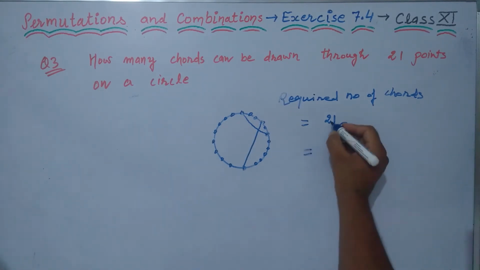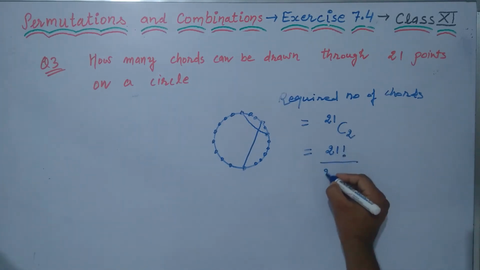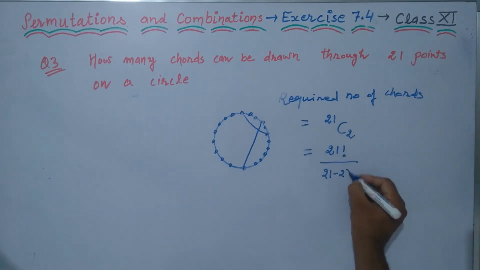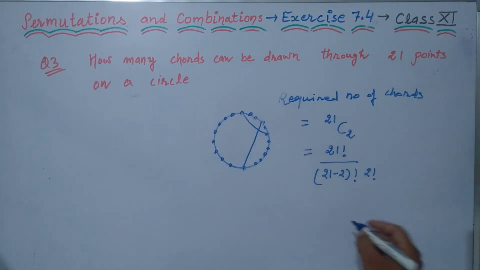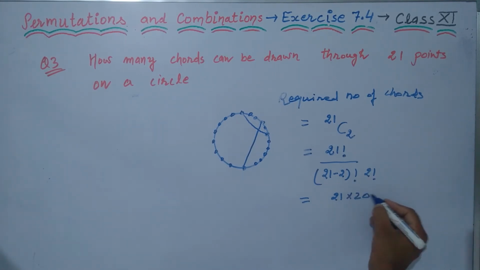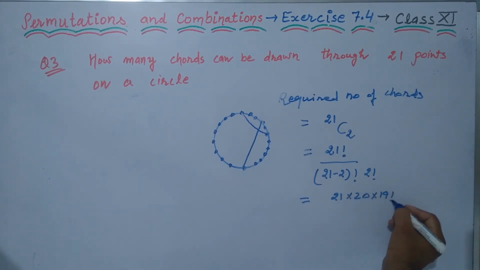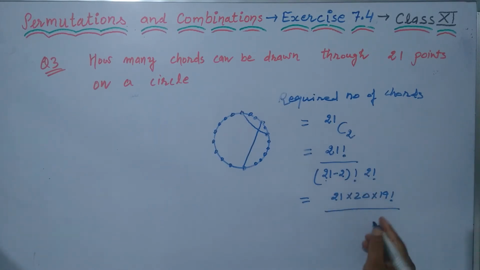So this way the result will be 21 factorial divide 21 minus 2 factorial into 2 factorial, which is equal to 21 into 20 into 19 factorial. Denominator 21 minus 2 is 19 factorial into 2 factorial.